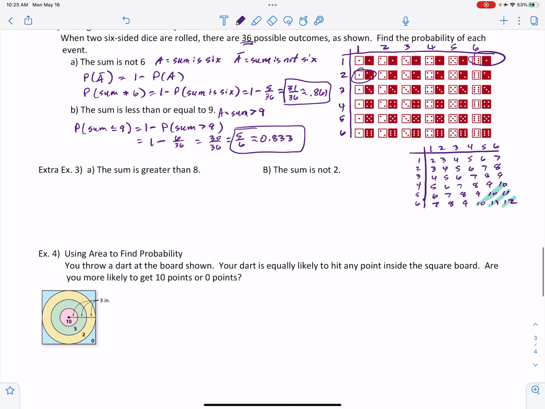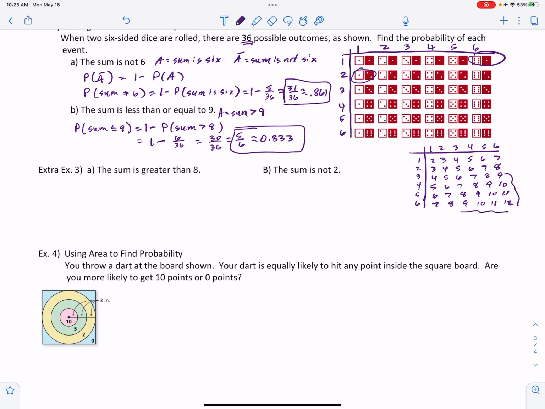All right, extra example 3, the sum is greater than 8. Well, greater than 8, I don't know if it's worth doing the complement on it. So sum is greater than 8. It's just where it's 9, 10, 11, 12.